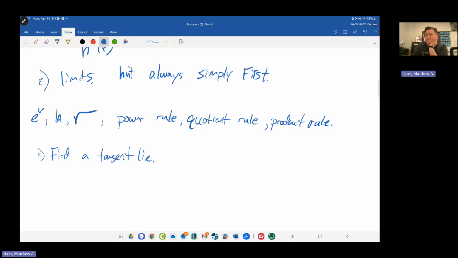So, 3.6. It's a topic from 3.6, that implicit differentiation question section.